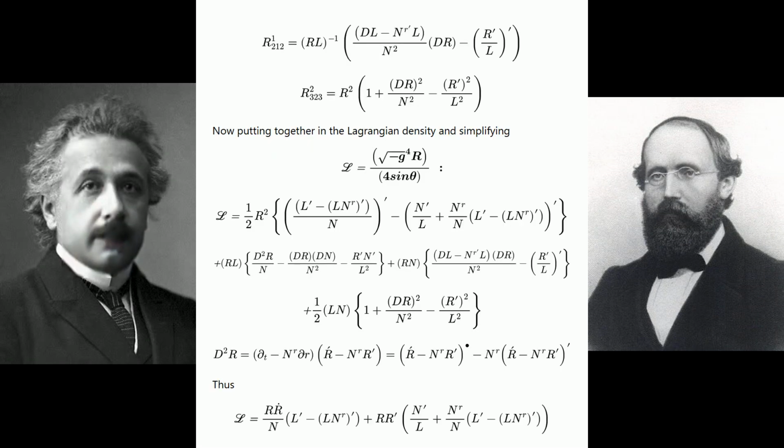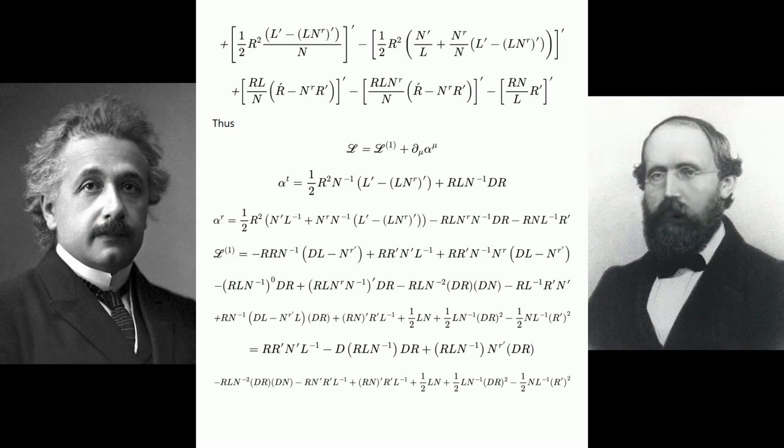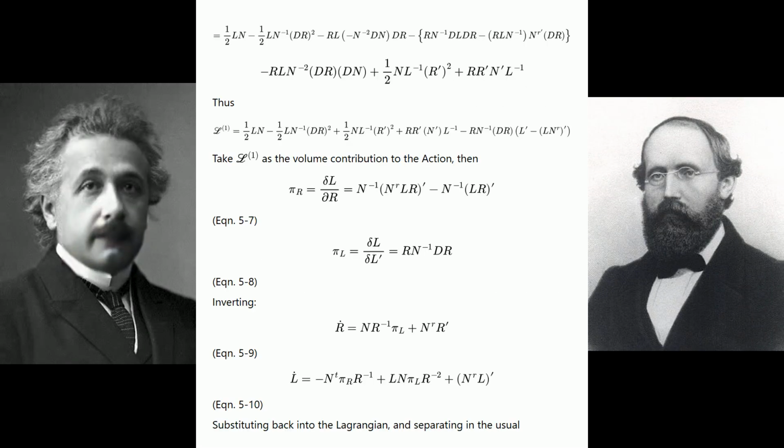See the equations. Now putting together the Lagrangian density and simplifying, see the group of equations shown. Thus see the equations. Thus see the next equation. Take script L raised to the 1 as the volume contribution to the action, then see equation 5-7.